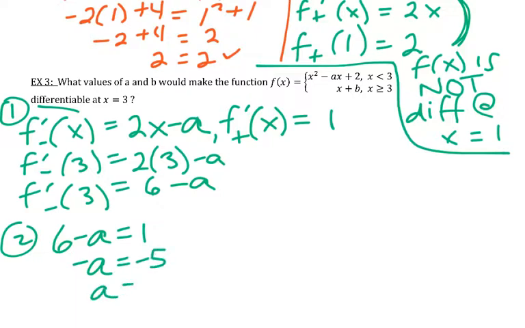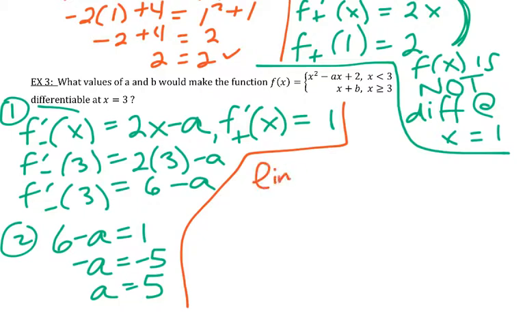Negative a equals negative 5, so a is 5. Then for b, we're going to use continuity. So in order for it to be continuous, and we could have done this first instead of the differentiability part, the order for this part doesn't matter.